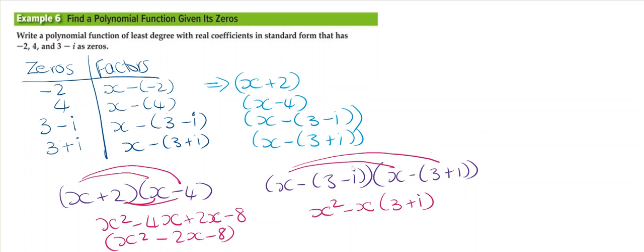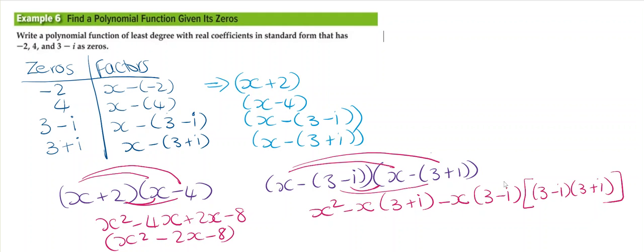So we did the first, we did the outer, now we're going to do the inner. So this is minus x, as we've got a minus here, minus times x, and then multiplied by this term here, 3 minus i. And then our last terms, 3 minus i multiplied by 3 plus i.